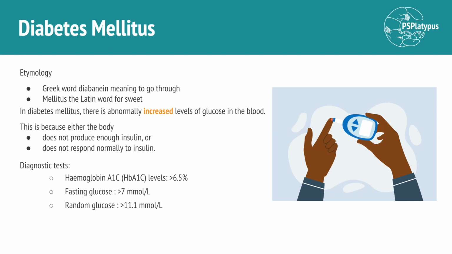In terms of diagnostic tests used to diagnose diabetes, these are our HbA1c levels, or our glycated hemoglobin, which is a compound created when high glucose levels within our bloodstream irreversibly bind to hemoglobin.